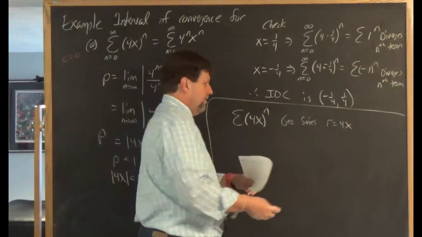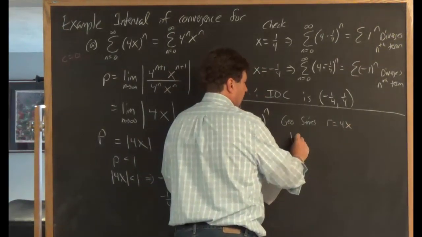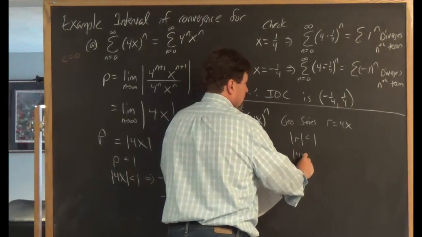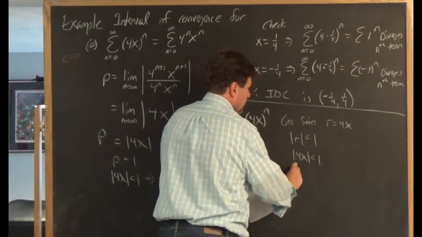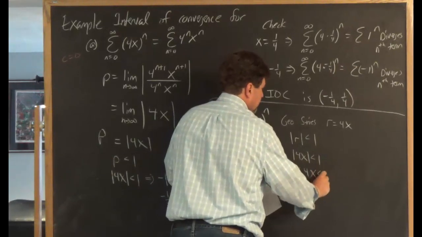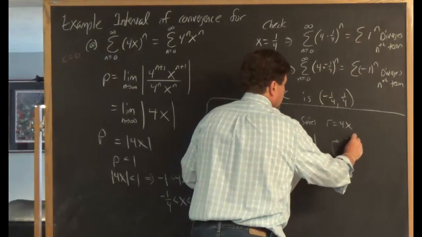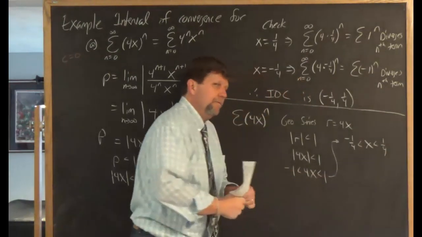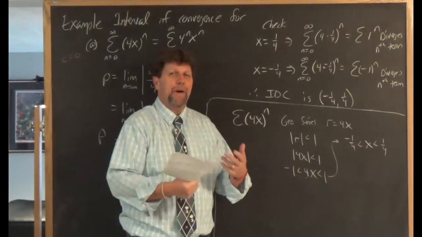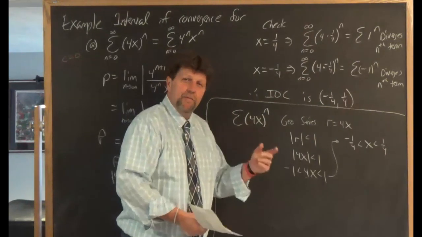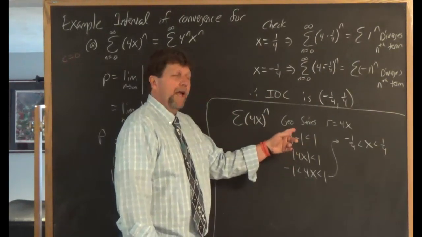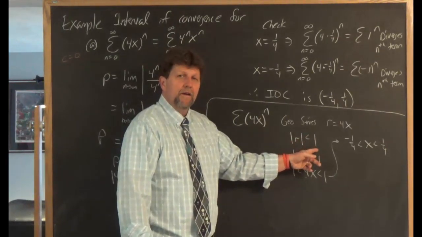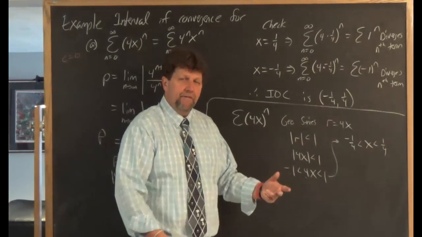And you know you have convergence when absolute value of r is less than 1, when absolute value of 4x is less than 1, and the geometric series test also tells you about these endpoints. Because the geometric series test says you have convergence when you're less than 1. If you're greater than or equal to 1, it diverges.